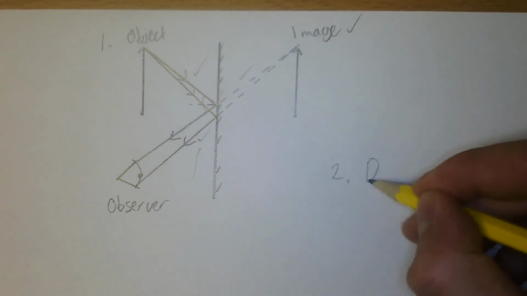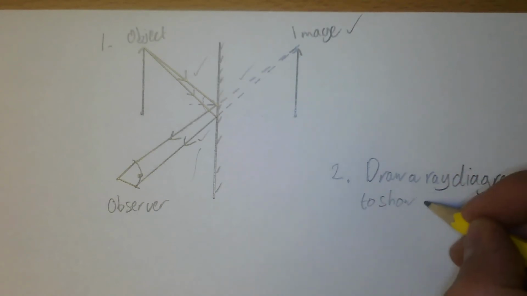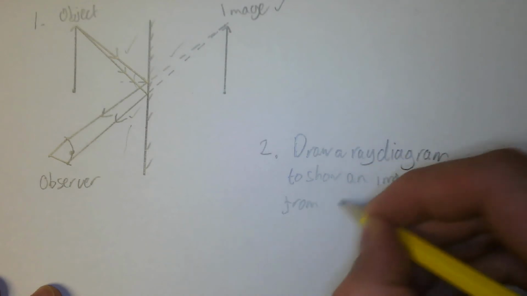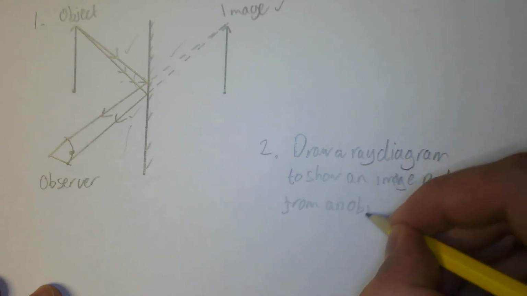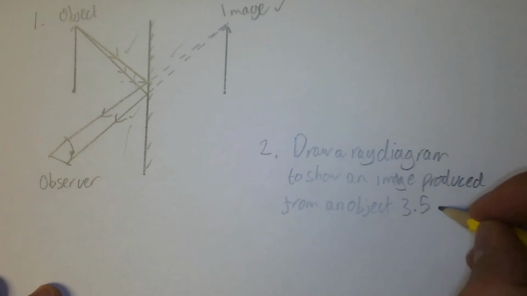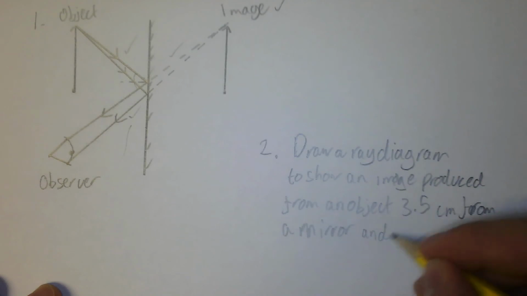You're going to draw a ray diagram to show an image produced from an object, we'll say 3.5 centimetres from a mirror, and we'll say 2 centimetres tall.